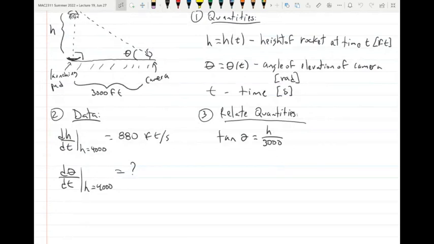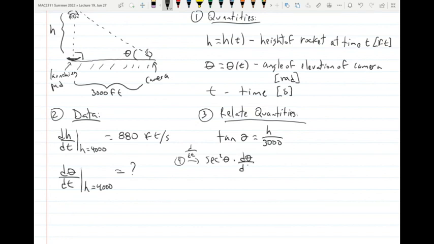All right. So let's do it. So at this point, we take the derivative, right? So now this is step number 4. We find the derivative with respect to t. So on the left-hand side, what's the derivative with respect to t? What's the derivative of tangent? Secant squared of theta. But remember, chain rule, right?